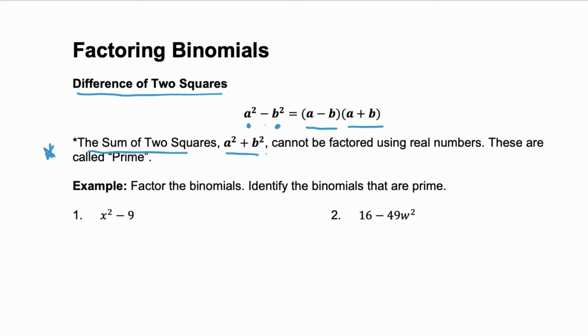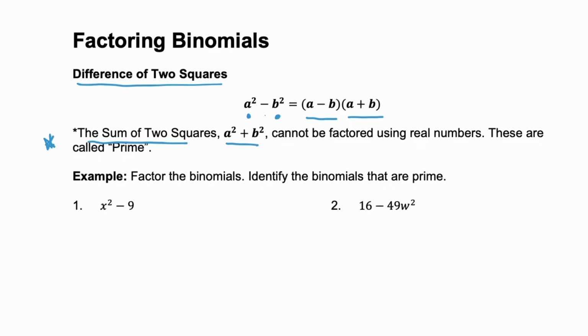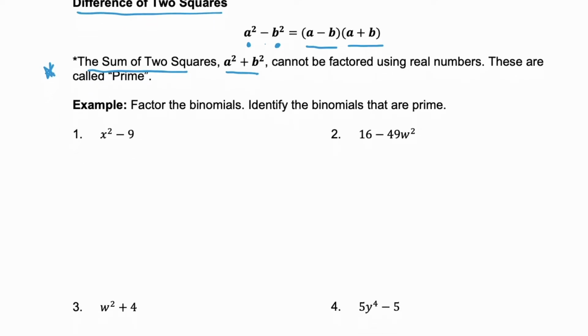So let's look at a few examples. Remember, whenever you're factoring anything, your first step is to always identify if you have a GCF or not, and to factor that GCF out. There's no GCF in example 1, so to identify if we have a difference of two squares, we're going to look that the first term and the last term are things being squared, and we're going to verify that we have subtraction.